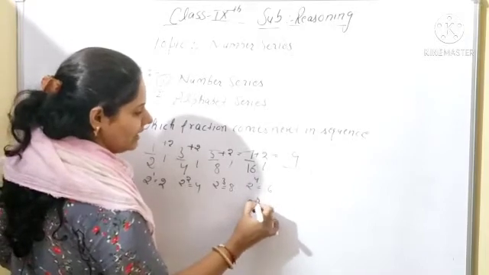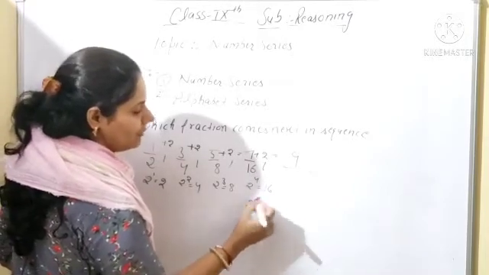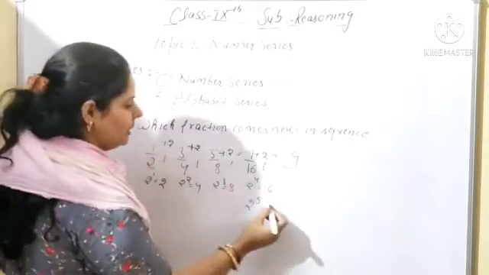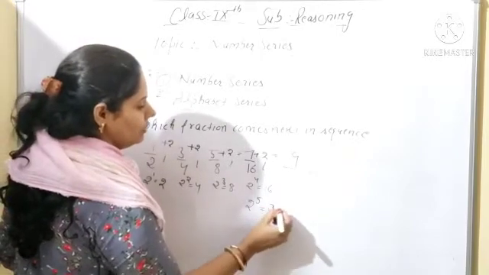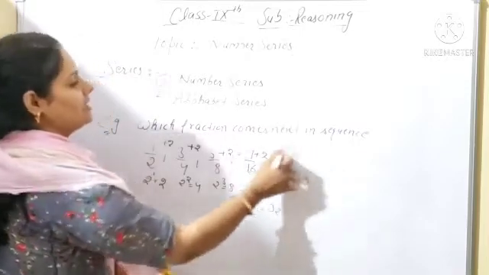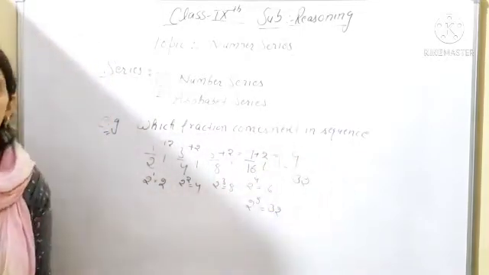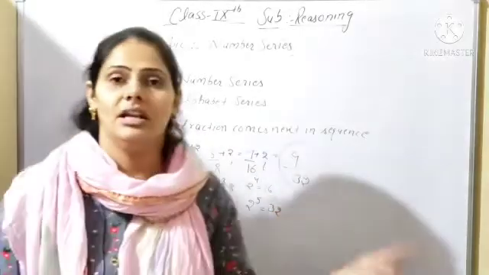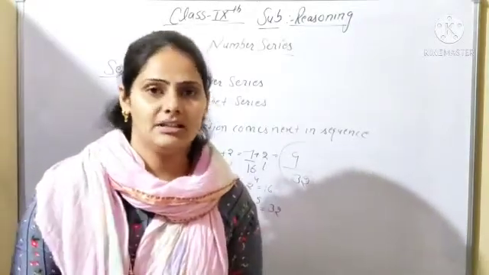After that, 2 raised to power 5, and when you multiply 2 five times, you will get 32. So at the place of denominator you will get 32. So what will be the next fraction? Simply, it will be 9 by 32.